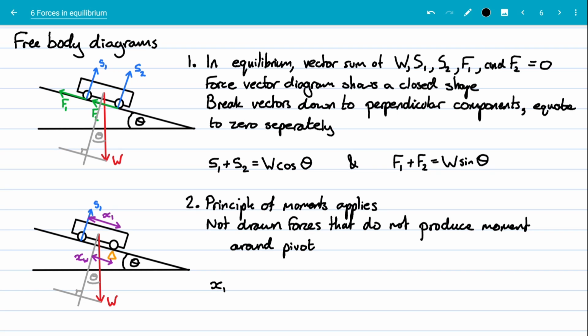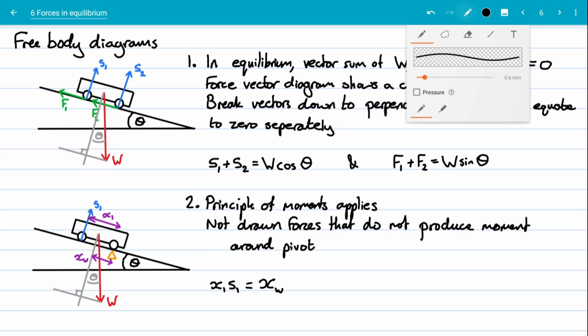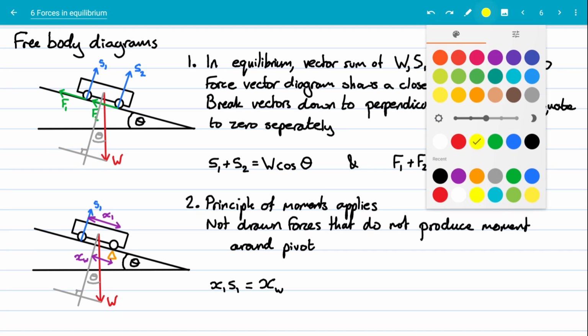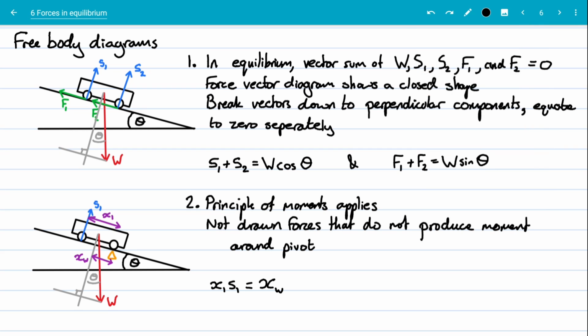So x1 times S1, that's the clockwise moment about the pivot, must equal xw times W, but it's not W. It's the component of W which is perpendicular to the ramp, because that's the one that's perpendicular to xw. That's the component we're interested in. So in this case, that's going to be W times the cosine of theta.